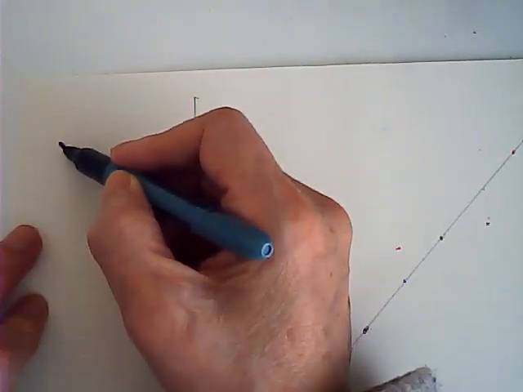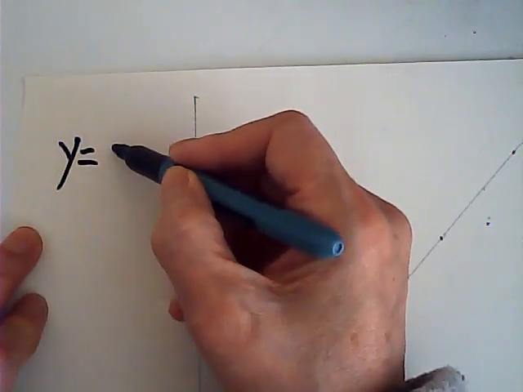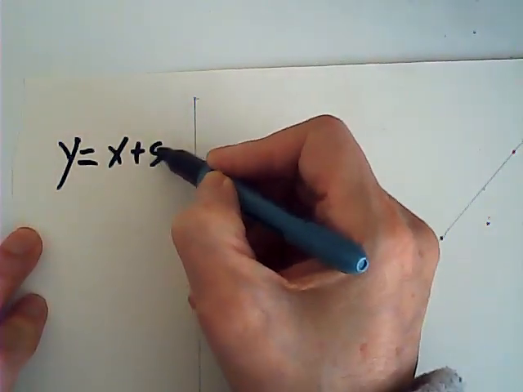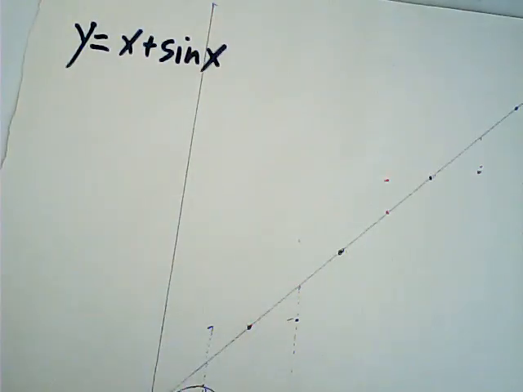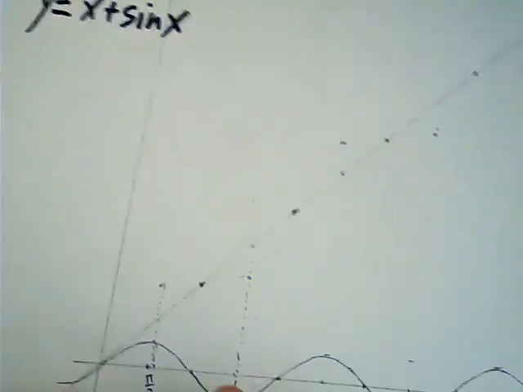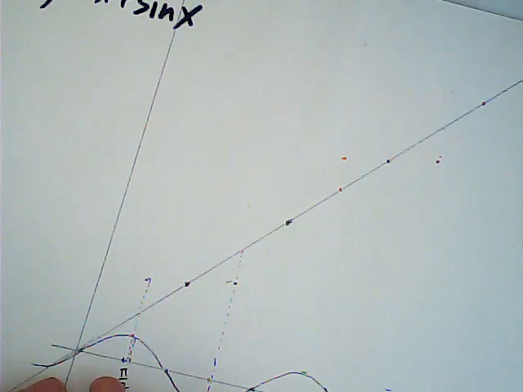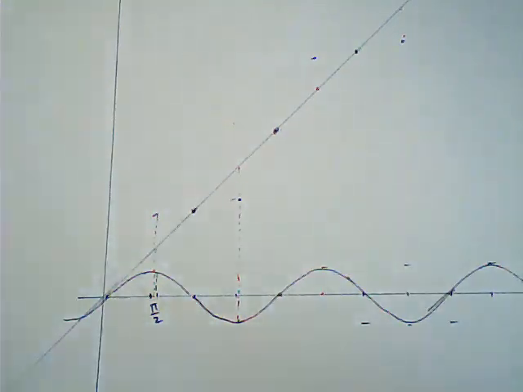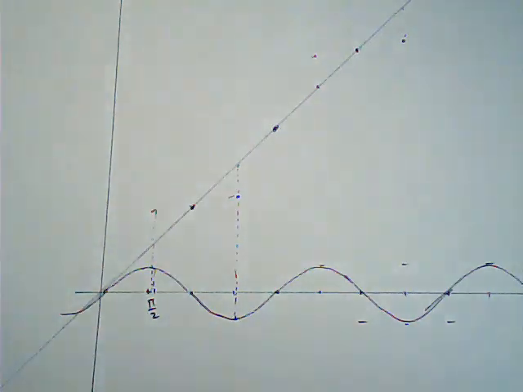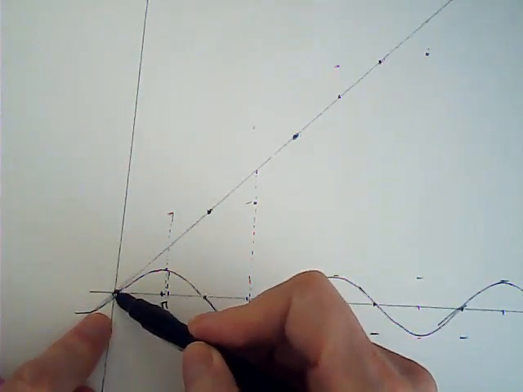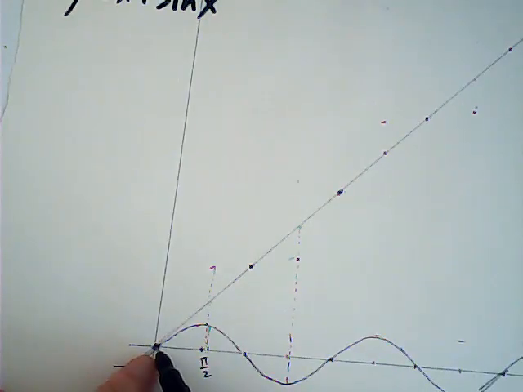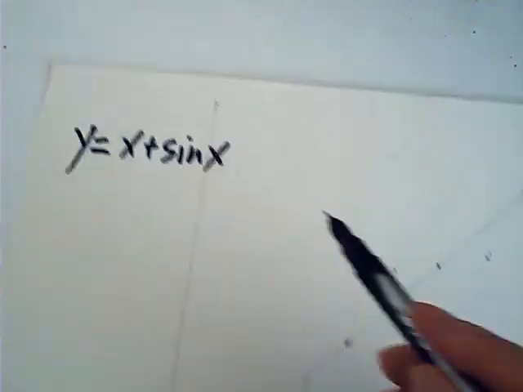Now if you consider y is equal to x plus sine x, which means that we added this value by a sine value, right? So 0 at 0 is 0.